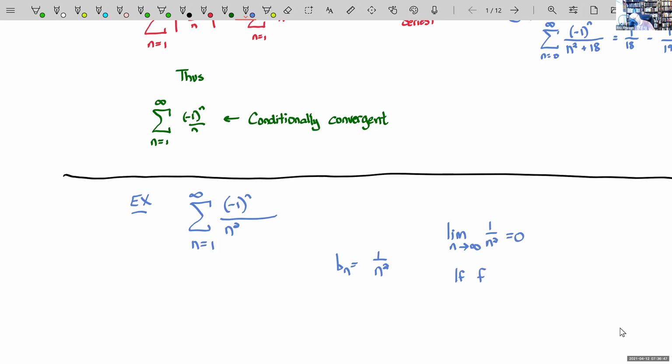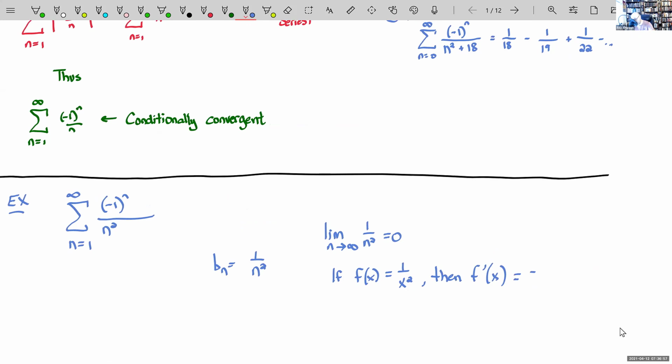If f of x is equal to 1 over x squared, then f prime of x is equal to -2 over x cubed, which is negative if x is positive. That tells us that b sub n is decreasing.